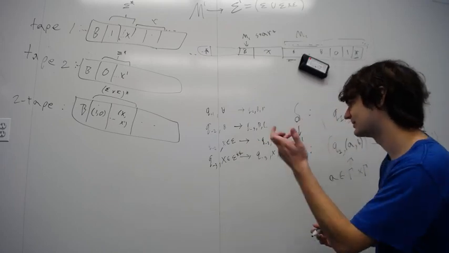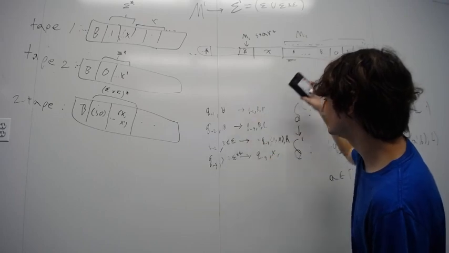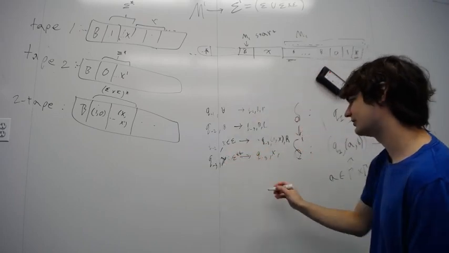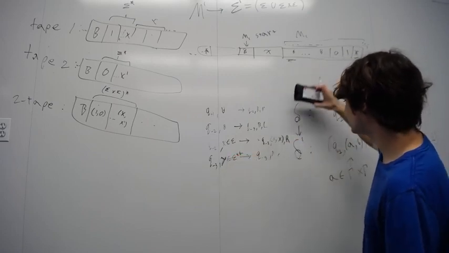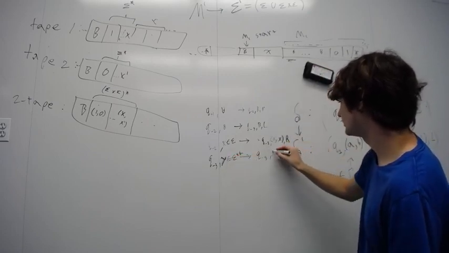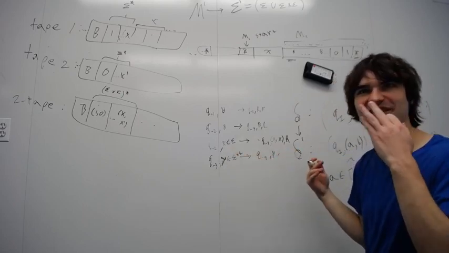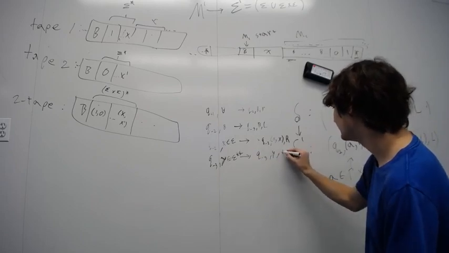So I'll call this Y then. You can do it either way, but this is Y. Having different variables might help you remember what these are: this is a single character, these are tuples. And then move left, right?